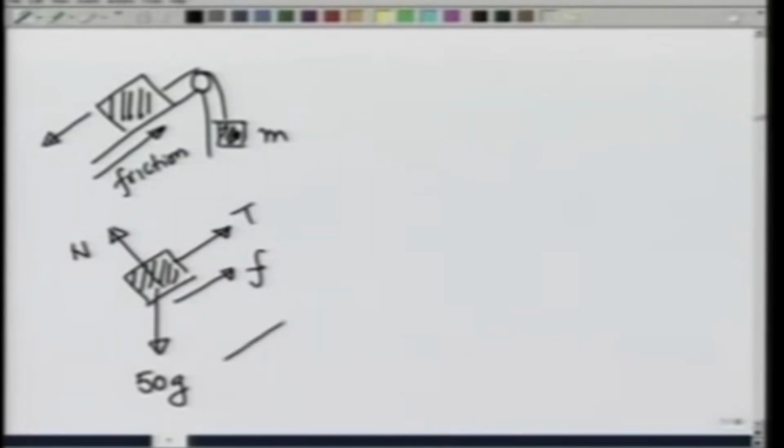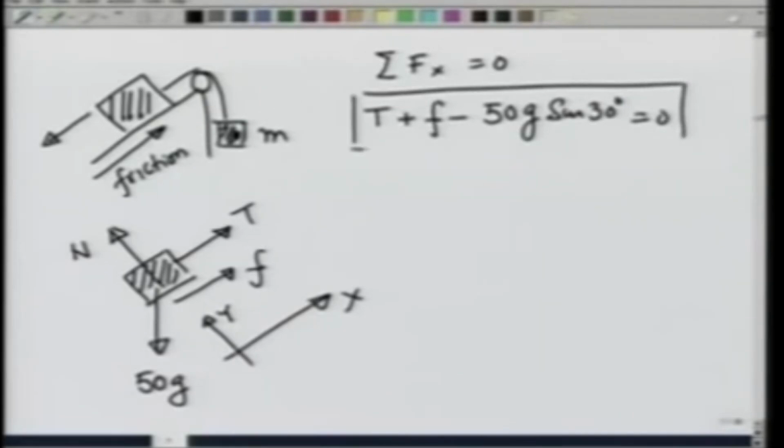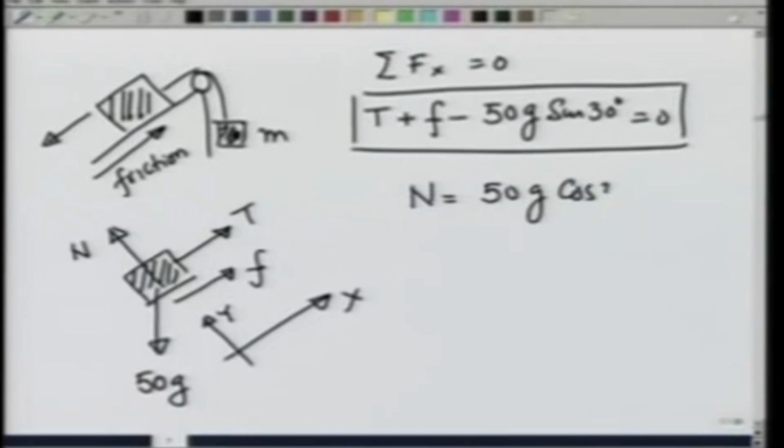Again, taking this to be the x direction and the direction perpendicular to the plane to be the y direction, summation Fx equal to 0 gives me T plus f minus 50 g sine of 30 degrees is equal to 0. That is one equation, and the other equation is N equal to 50 g cosine of 30 degrees, which comes from summation Fy equal to 0.